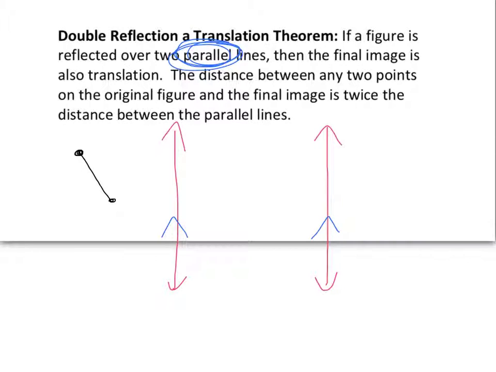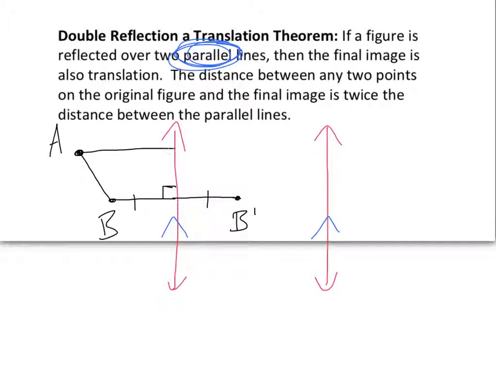So reflect it once. You've got AB here. To reflect it, remember, it's got to be perpendicular, at the same distance on the other side. That's about right, so that'll be B prime. These have to be the same.